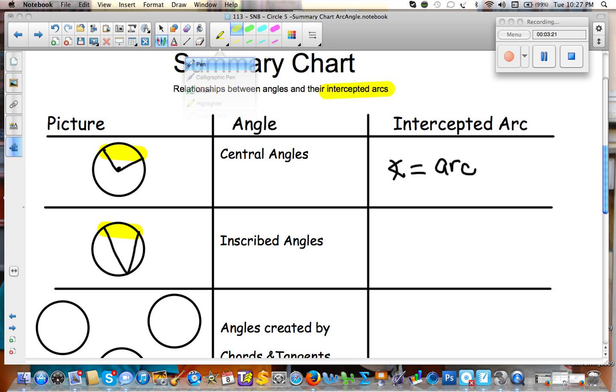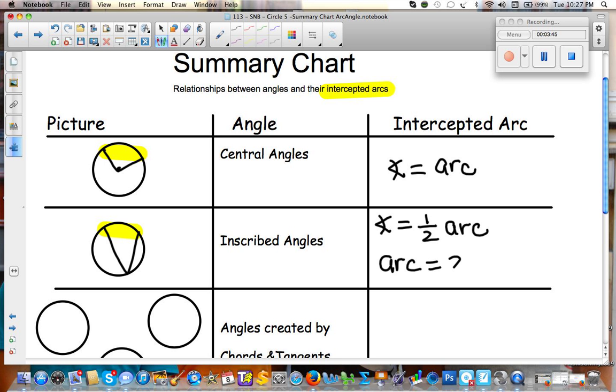One of the ways that we describe it is that the inscribed angle is equal to half whatever the intercepted arc is. And by applying our algebra rules, we could also write it the other way, in that the arc is equal to twice the measure of the angle. So whichever way you want to remember that, as long as you remember it correctly, that's good.